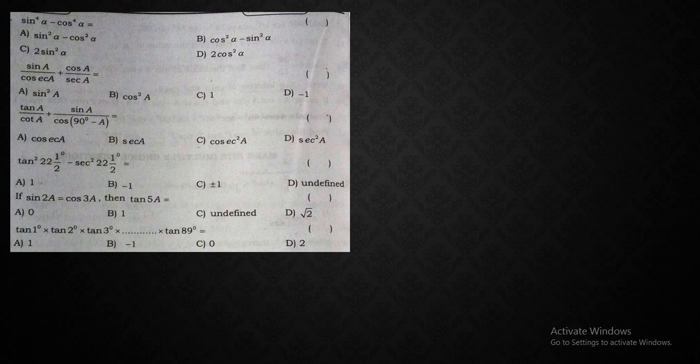Next, moving on to one more question. Sin power 4 alpha minus cos power 4 alpha. This I can write as (sin square alpha) whole square minus (cos square alpha) whole square. Now a square minus b square I can write as (sin square alpha plus cos square alpha) into (sin square alpha minus cos square alpha).